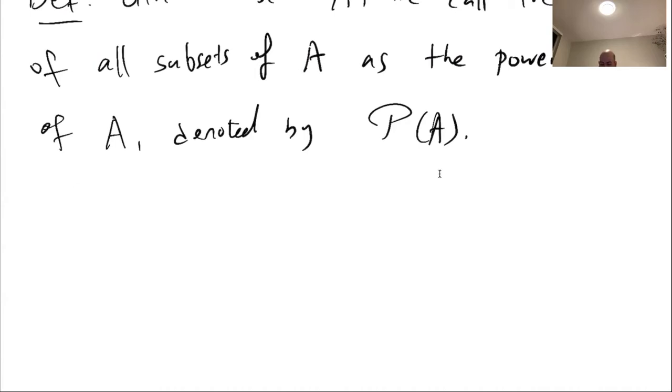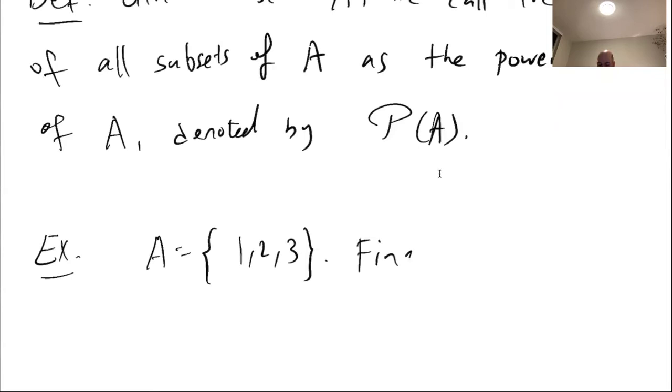Okay, so let's look at a simple example. Let's say A equals, for example, {1, 2, 3}. Find P of A, the power set of A. How do we find the power set of A? By definition, we have to look at the definition, of course.